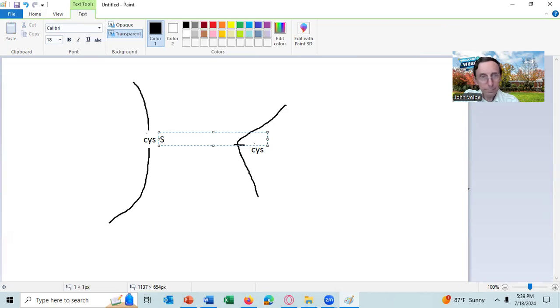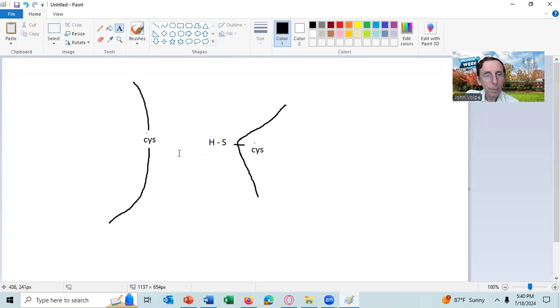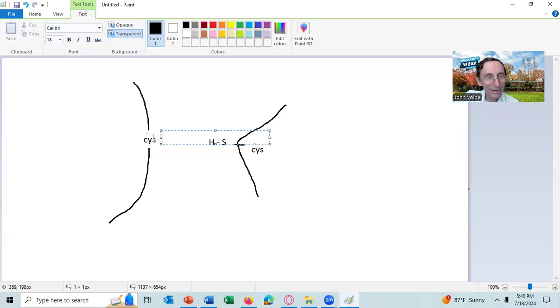So it has a sulfhydryl group on it. And this one does too. Bring that over there. What happened to my hydrogen there? I don't know. Try that again.